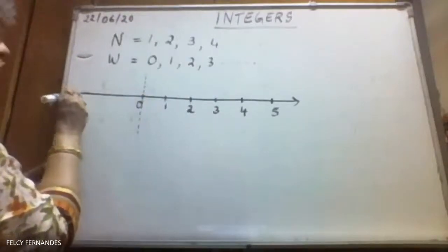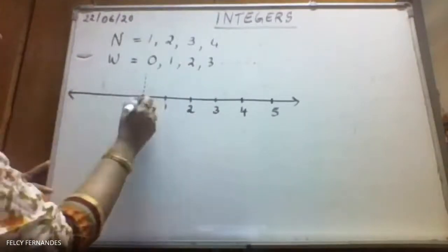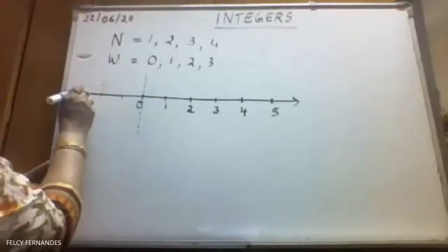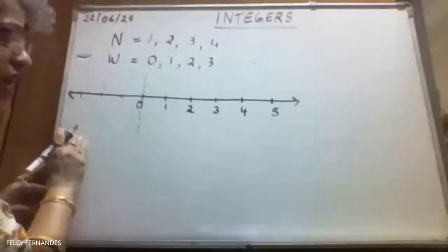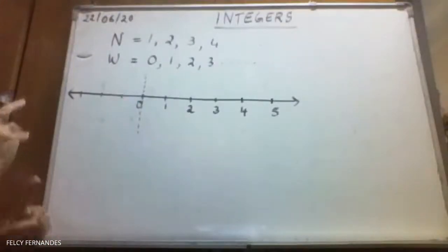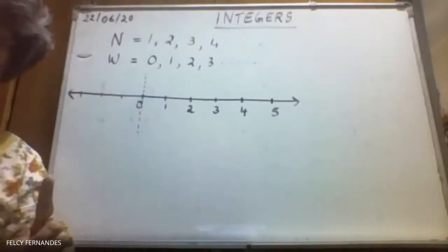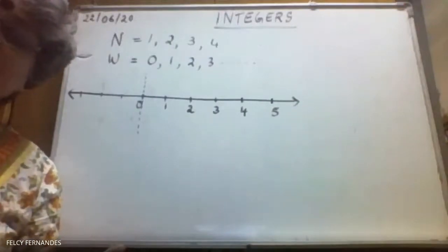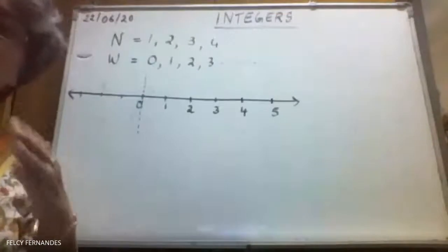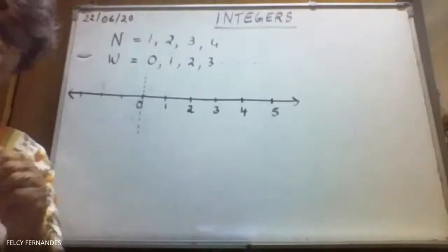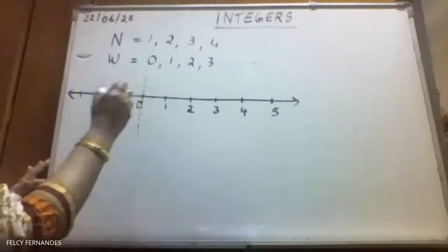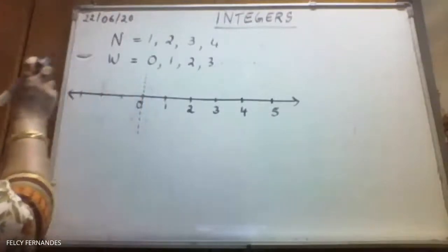You continue this number line, and at the same distance, you can see 1, 2, 3, etc. But in an opposite way. When you stand in front of the mirror, your left side will look like your right side. Your right will look like your left side. So here also, you will get the opposite of this, but at the same distance.